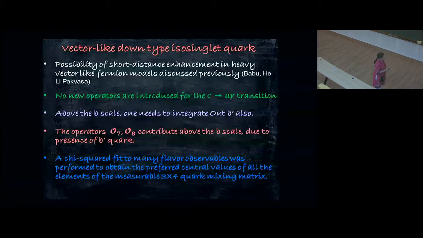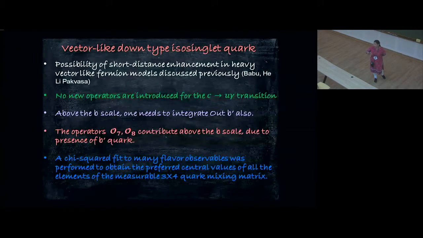All right. So now, apart from the standard model, we looked at the vector-like down-type isosinglet quark, which I mentioned a few minutes ago. The possibility of the short distance enhancement with this kind of model had actually been mentioned, I was not aware until we started working, by Babu, Lee, and Pakvasa many, many years ago. And the advantage here is that you have no new operators introduced for this transition. But the important point is that now above the b scale, one needs to integrate out the b prime also.